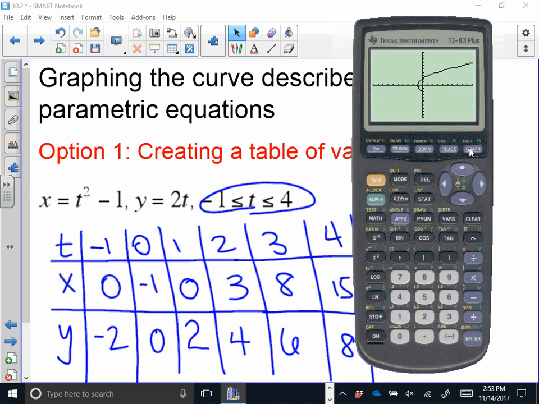Yours will default to 0 to 2 pi. Go ahead and go back to window and change it back to 0 to 2 pi. And then you can change it according to whatever you need if you have the graph. I changed it from -1 to 4 so I would get this graph that we had on the board, but then I changed it back to the default just so the next time it'll be there.